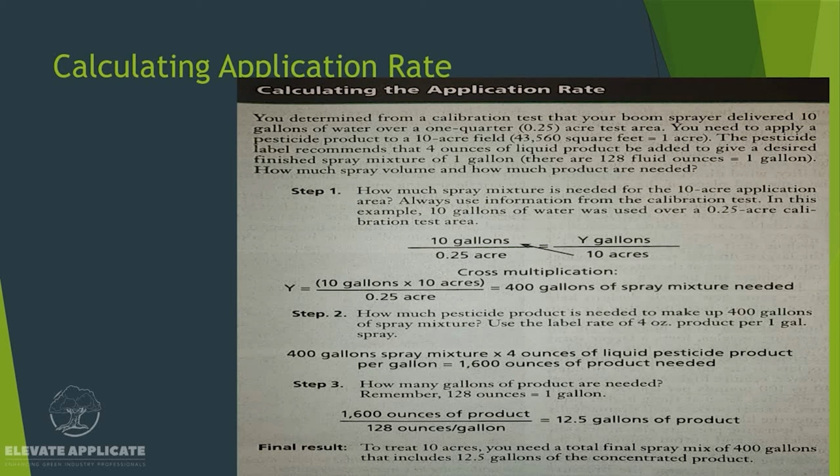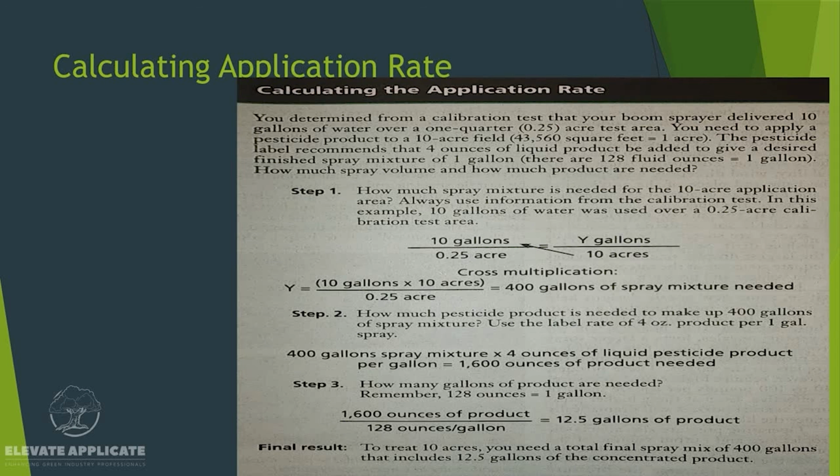So now we have to determine how much product we need. Okay, so we know that we have 400 gallons that we need to apply for that 10 acres. So we take 400 gallons, which is the spray mixture, and we multiply that by 4 ounces of product. Because remember, it's recommended at 4 ounces of liquid per gallon.